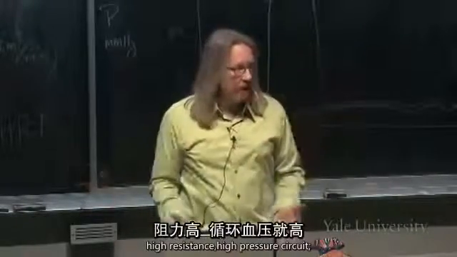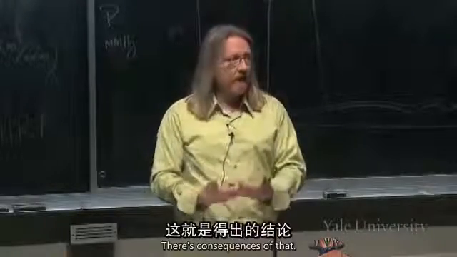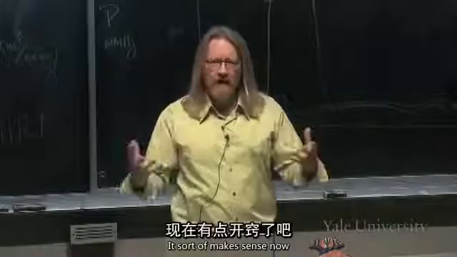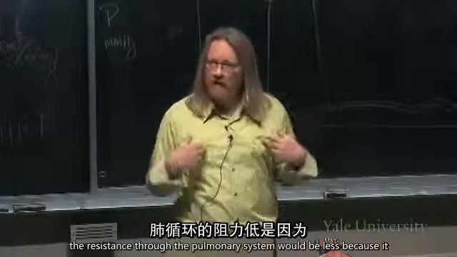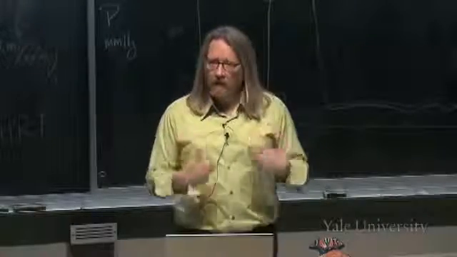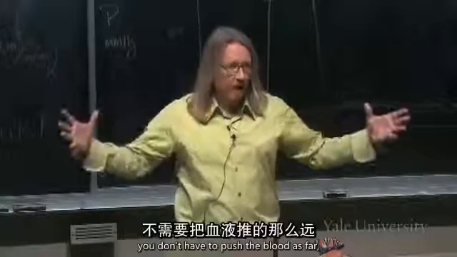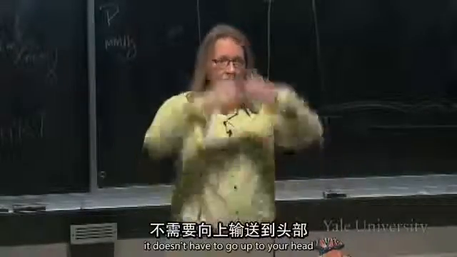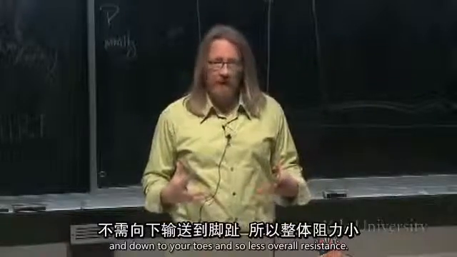High resistance, high pressure circuit, low resistance, low pressure circuit. And there are consequences of that, right? It sort of makes sense now that you've done your homework problem for this week that the resistance through the pulmonary system would be less because you don't have so far to travel. The blood doesn't have so far to travel, so the length is much less. You don't have to push the blood as far. It doesn't have to go up to your head and down to your toes, and so less overall resistance.